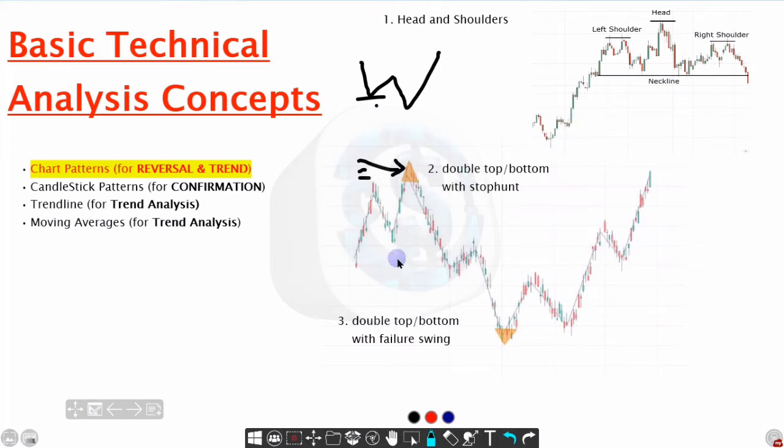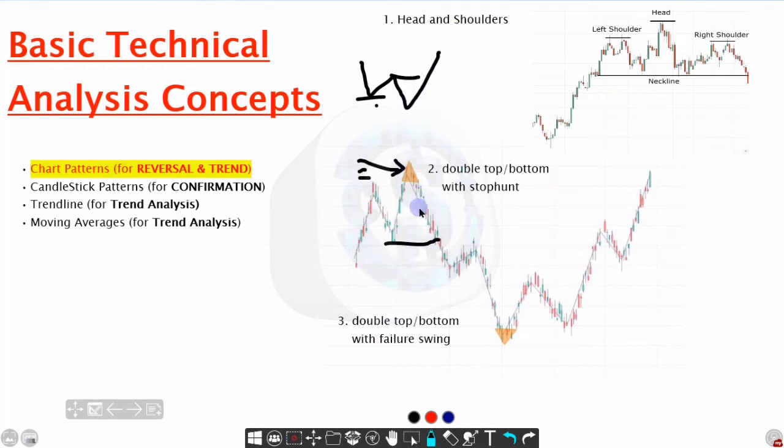So market breaks up, grabs liquidity, and we see a breakdown. So when this is happening, I can be confident, or I can come into the market and say, yeah, I'm spotting a reversal probably. And the greatest confirmation is when you have price break through the neckline. So this is the neckline. Or if we are having it breaking, going to the upside, if it breaks through the neckline there.